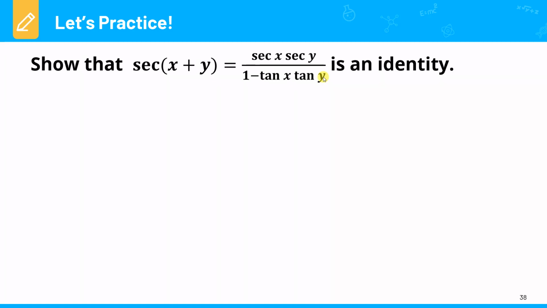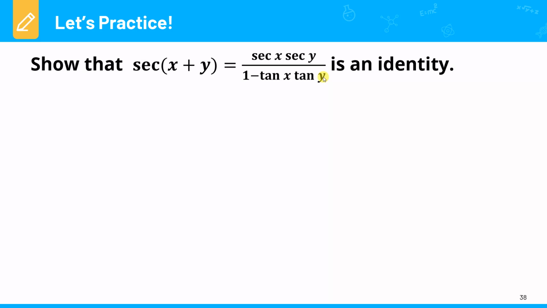So we are going to transform the right side until it is the same as our left-hand side.